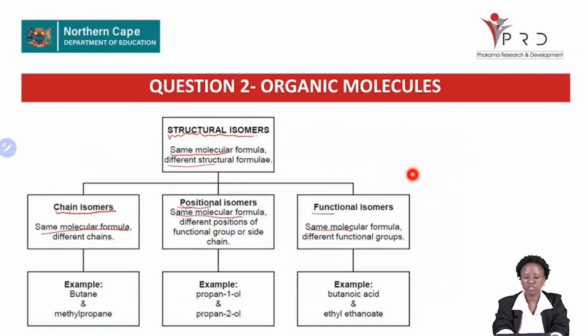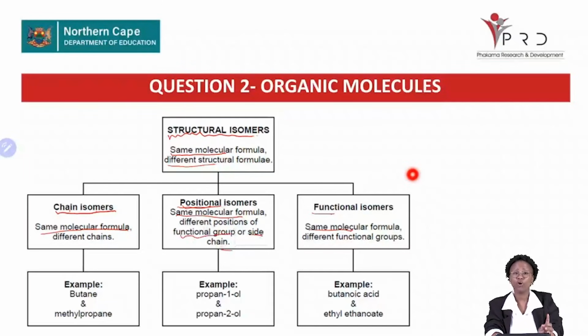Positional isomers have the same molecular formula, but different positions of their functional group or their side chains. Remember, the definitions are according to our 2021 exam guideline. And functional isomers have the same molecular formula, but different functional groups that you must look at.